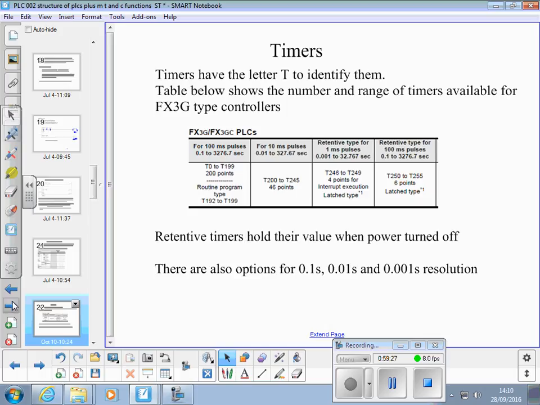You've got 4 between T246 and T249 that you can set in 1,000th of a second steps. And then you've got some retentive types. Retentive meaning they will hold their current state even if you lose power. You would want to think very carefully about whether that's what you want to do before using those, but there's 6 of them. I've never used one. Okay.